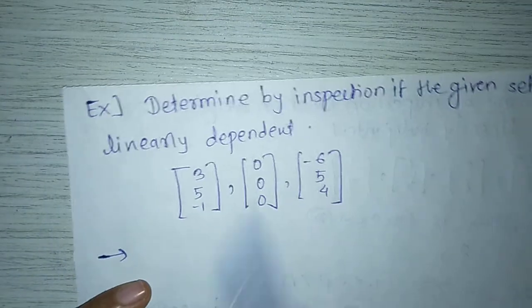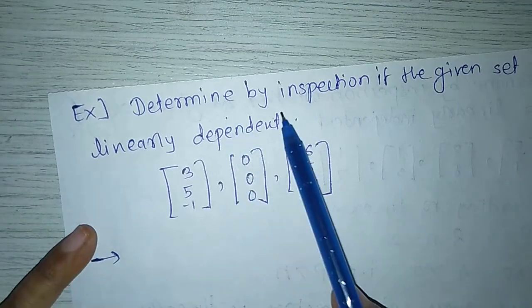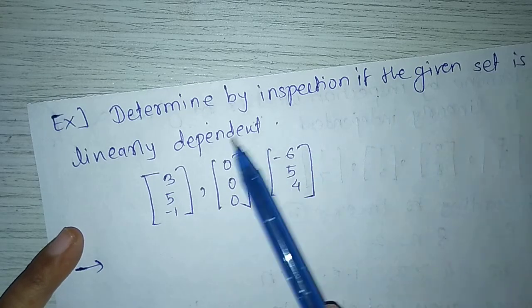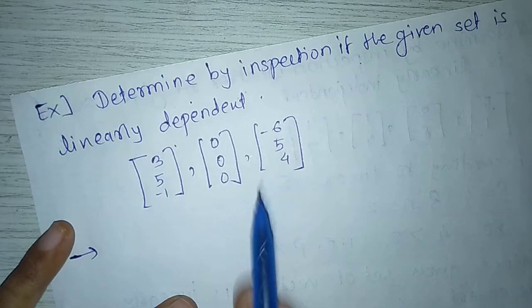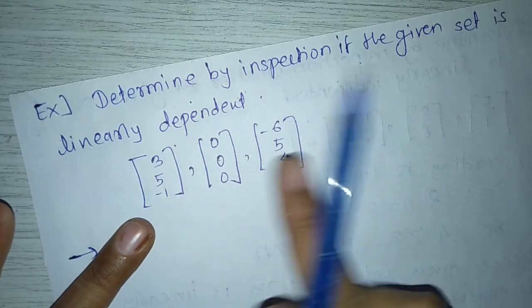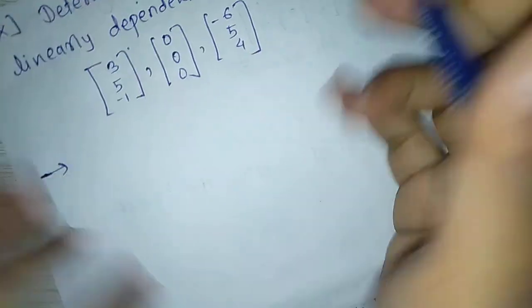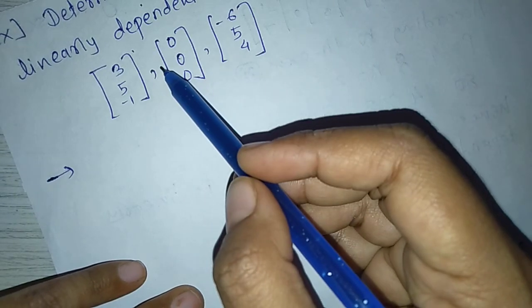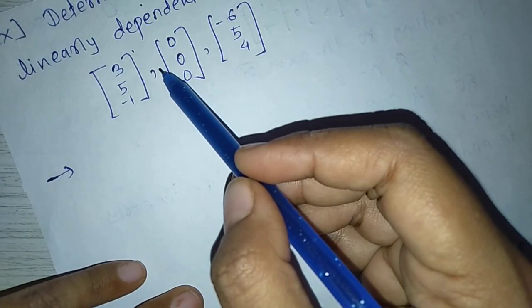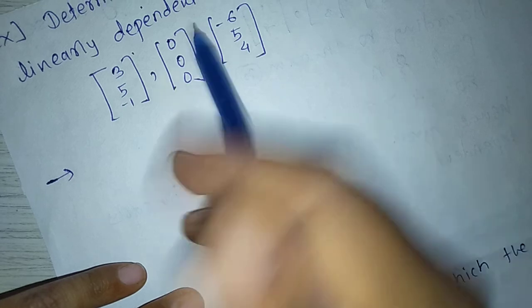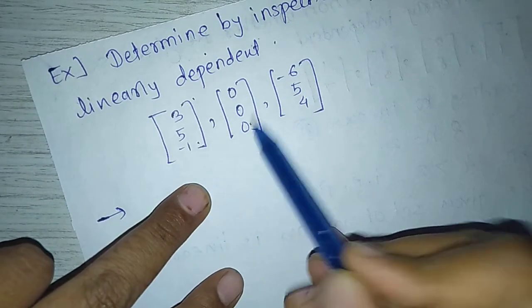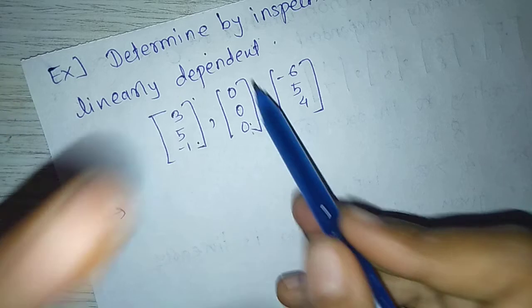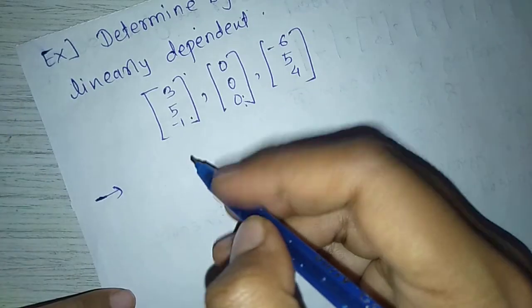Now, next example. Determine by inspection if the given set is linearly dependent. Here, the given vectors are linearly dependent because the second vector is the 0 vector.